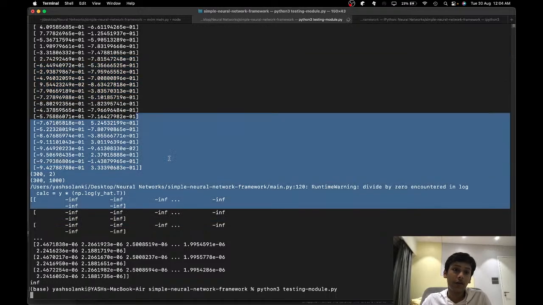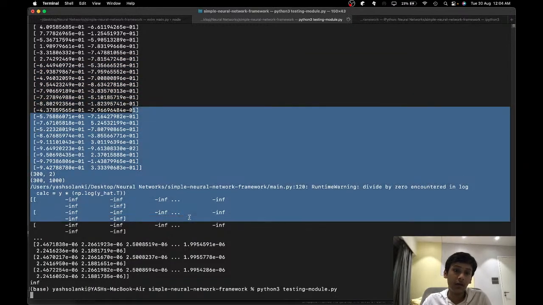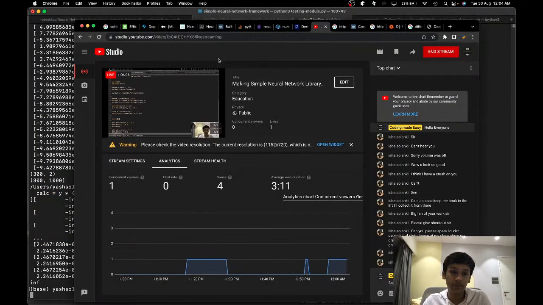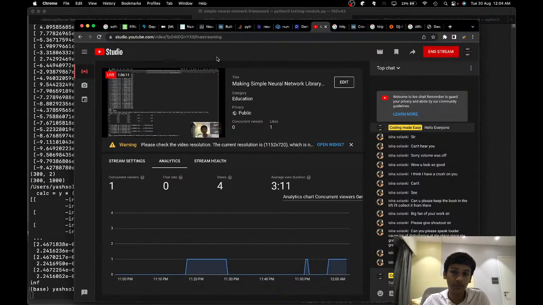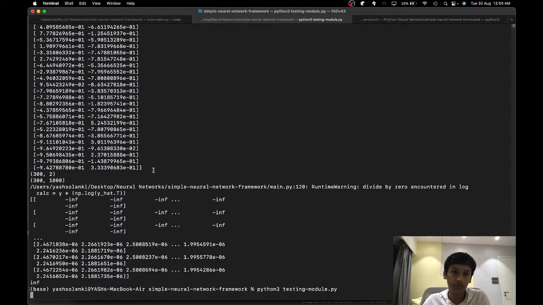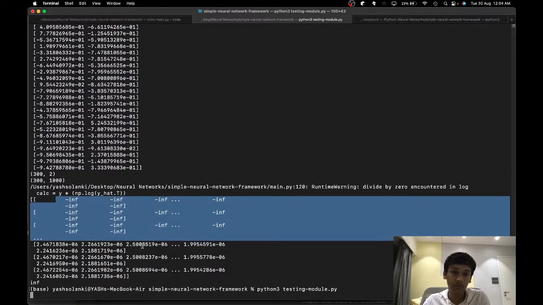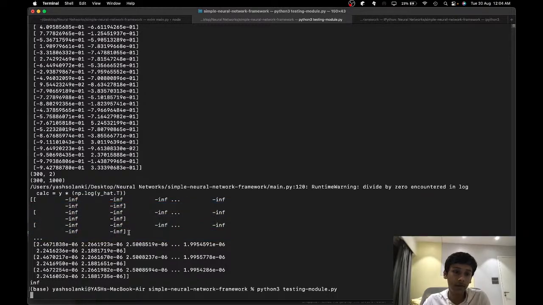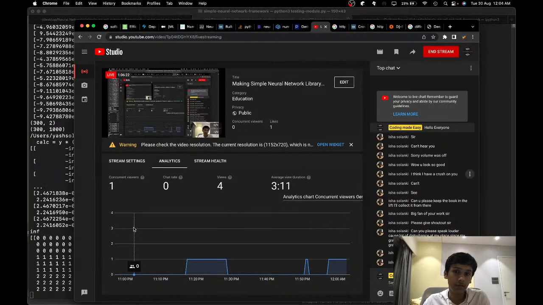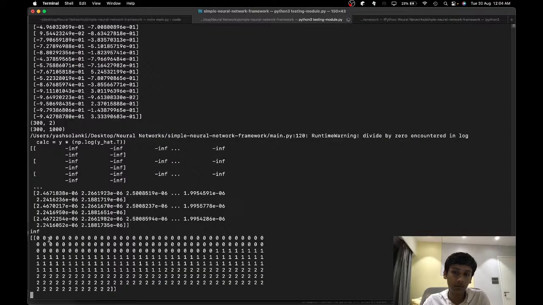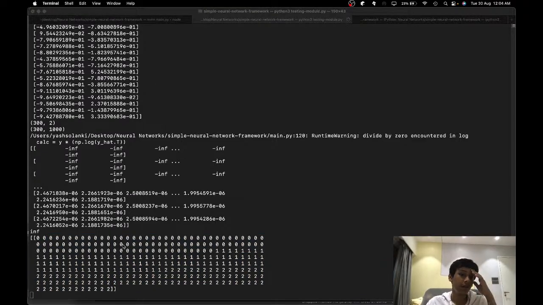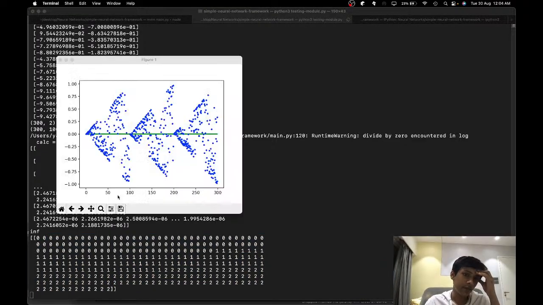I know this is not the output we are looking for, but at least we don't have an error. We shouldn't be having these negative infinities. Just a couple of zeros. Alright, we got the error. It's a couple of zeros. We've got to one hot encode this stuff, I think.